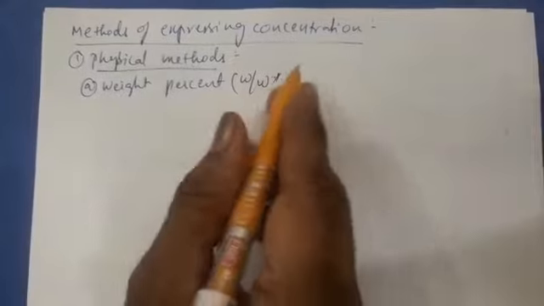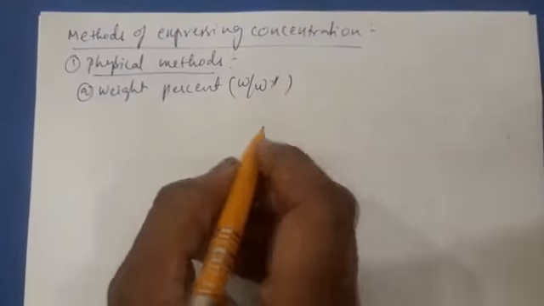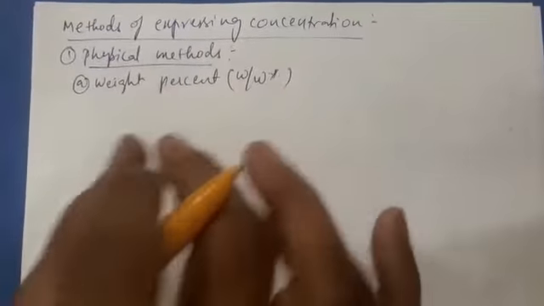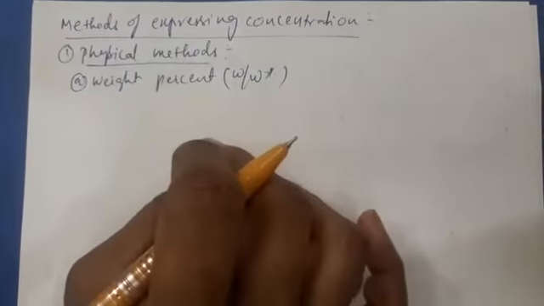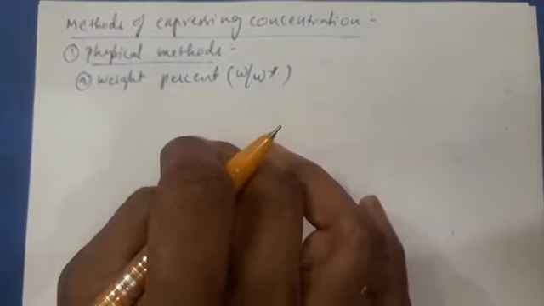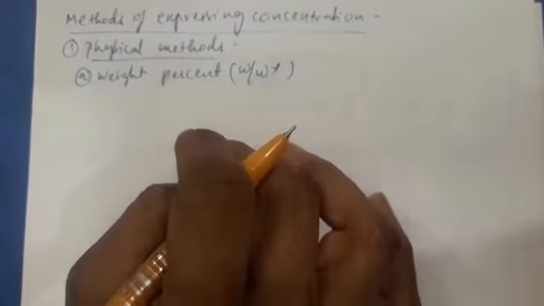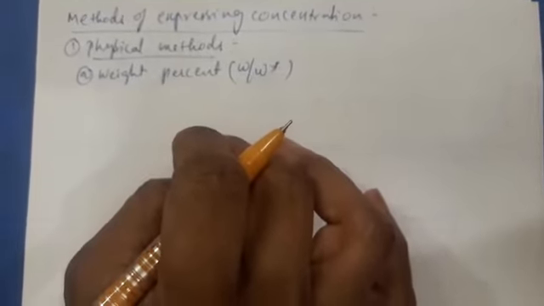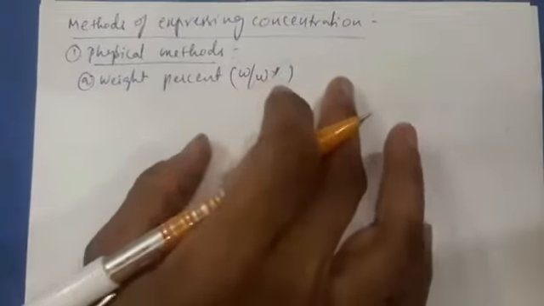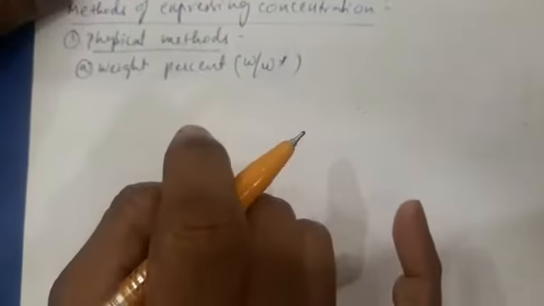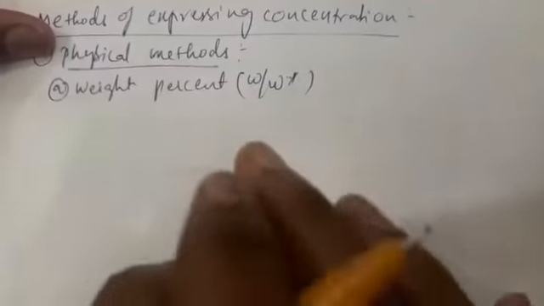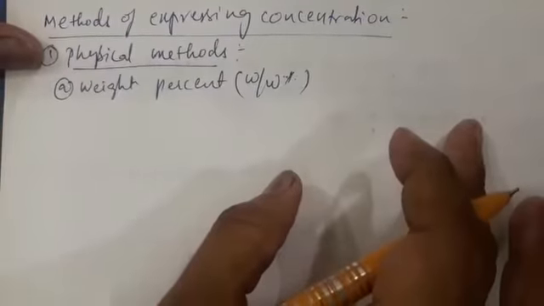Weight percent is the weight in grams of a solute present in 100 grams of a solution. So the amount of solute in grams present in 100 grams of a solution is called weight percent.